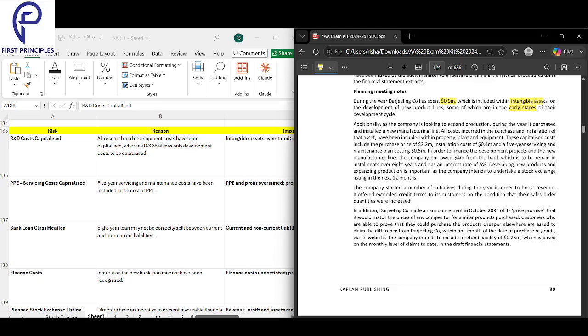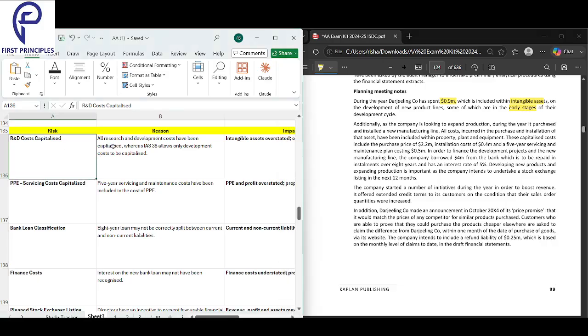Okay, this is not a problem. You can include it. But the problem is they're saying that some of the costs relate to early stages. So in the early stage, the risk is that some research cost and some unnecessary development cost would have been capitalized. That is the first thing.